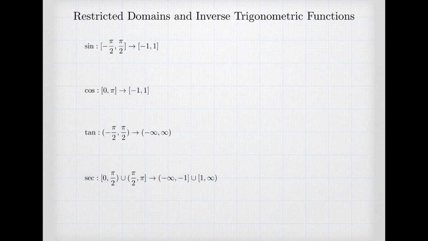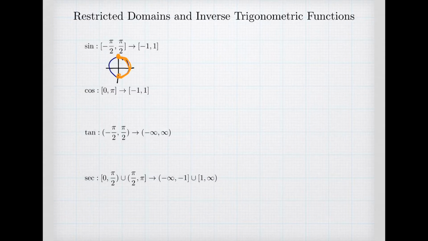We're going to use these restrictions to define our inverse trigonometric functions. So the sine, when it's restricted from minus pi over 2 to pi over 2, corresponds on the unit circle to quadrants 1 and 4, including the ends.